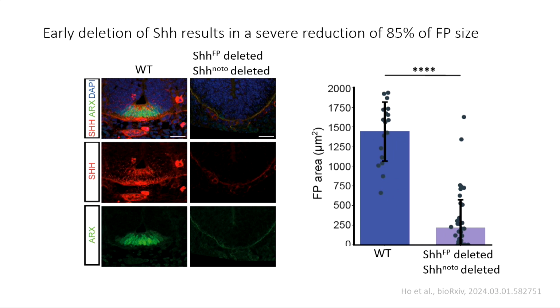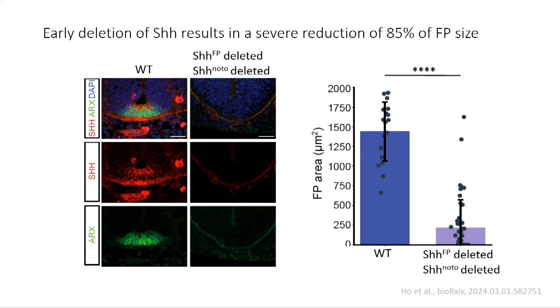If you do it a bit earlier, so E5.5 to 6.5, you delete it both from the notochord and from the future floor plate. So basically, there is no notochord, there is no floor plate, so there is no Sonic Hedgehog. It's just empty.